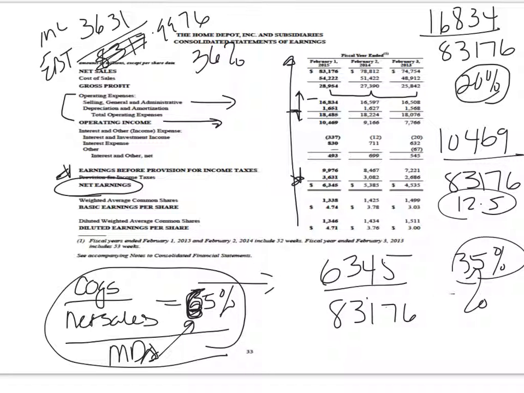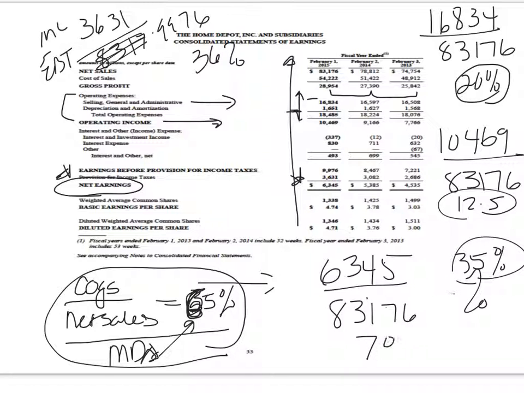And if we run the calculator on that, 6,345 divided by 83,176 gives us 7%.